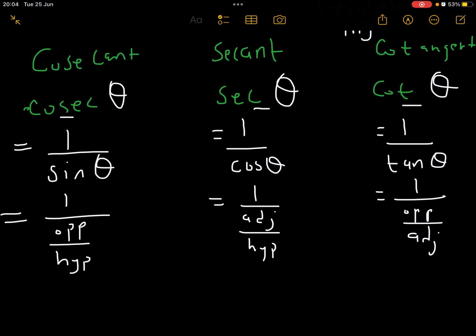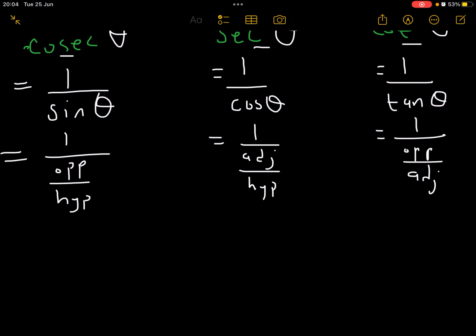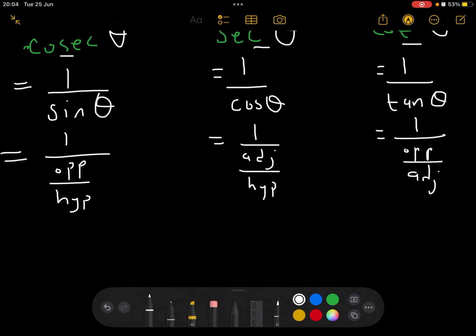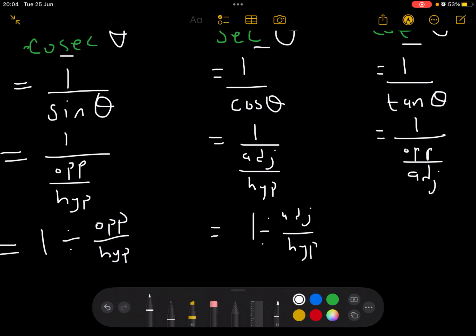Once there are too many divisions, we need to operate with one division. So this is 1 being divided by opposite over hypotenuse, 1 being divided by adjacent over the hypotenuse, and 1 being divided by the opposite side over the adjacent side.